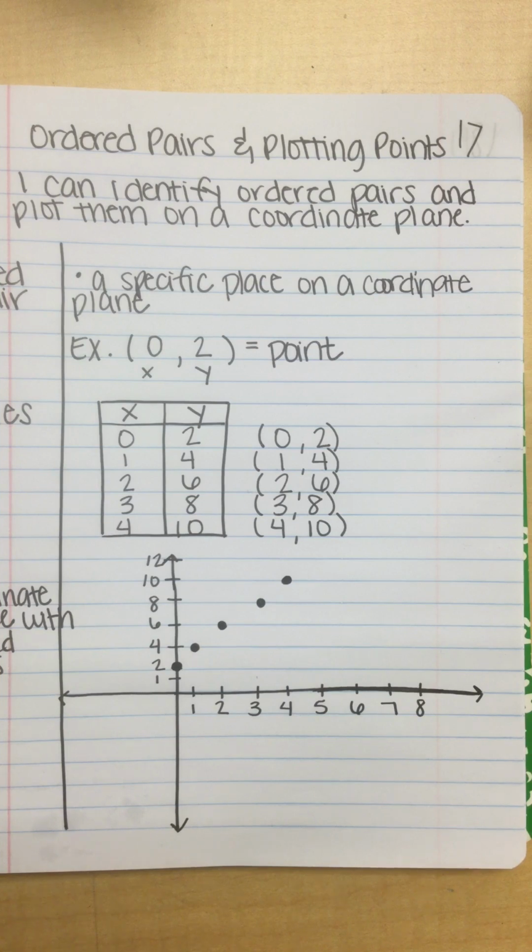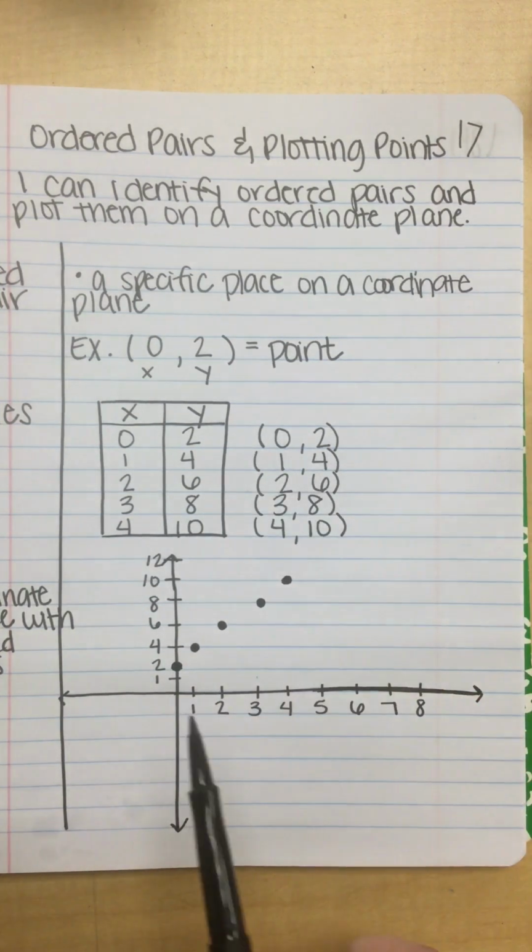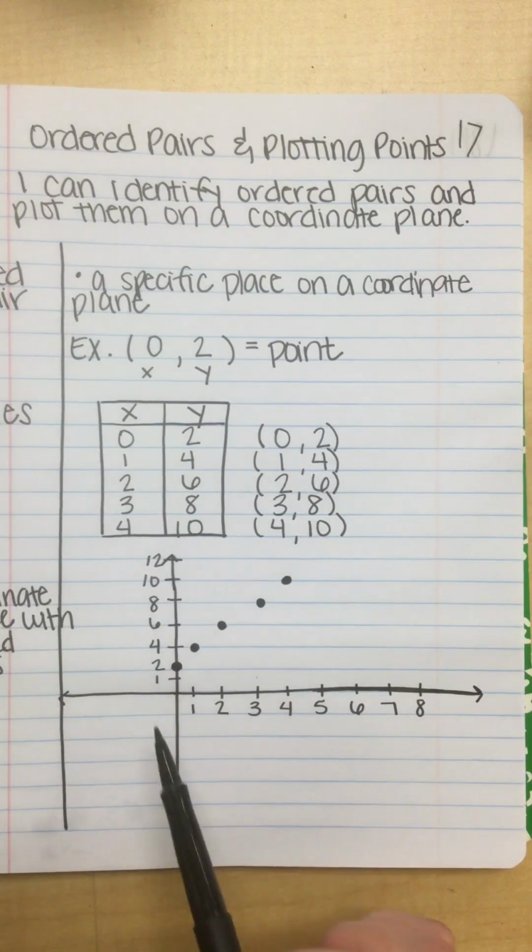So you may go ahead and pause your video. I'm going to flip my page over and I'm going to give you a table where I want you to put your ordered pairs. I want you to pick them out first like we did here, and then I want you to put them on a coordinate plane.